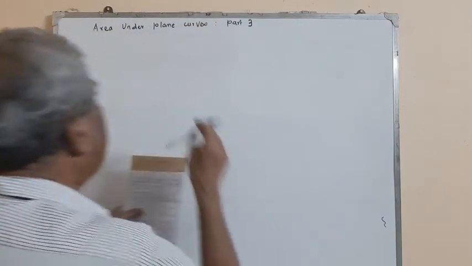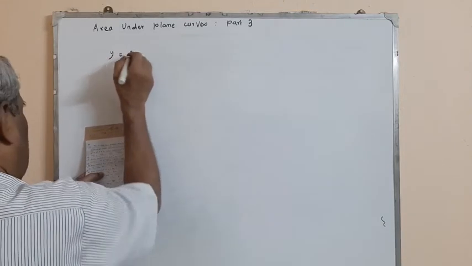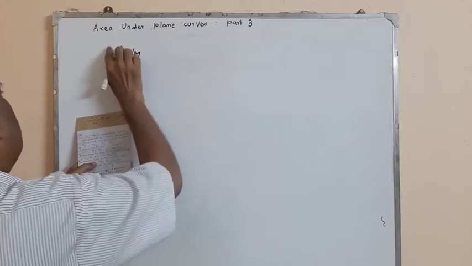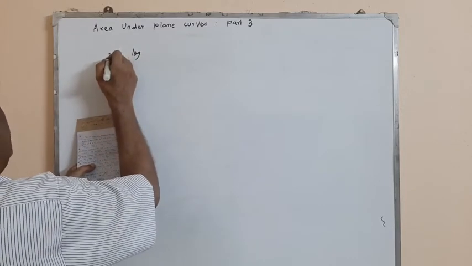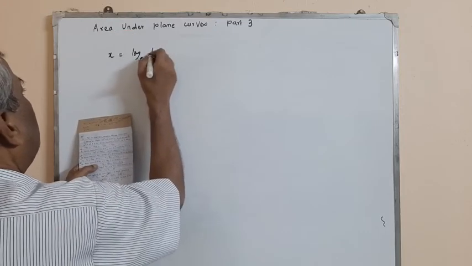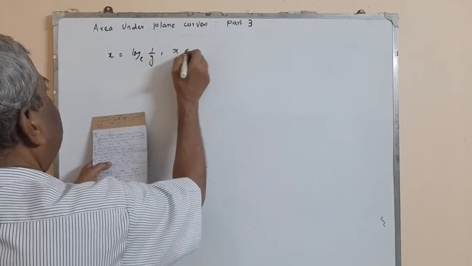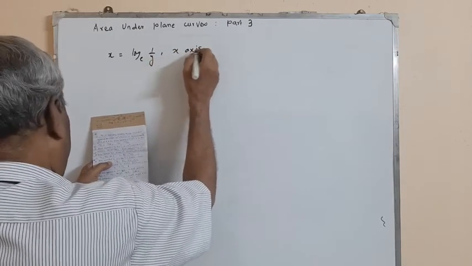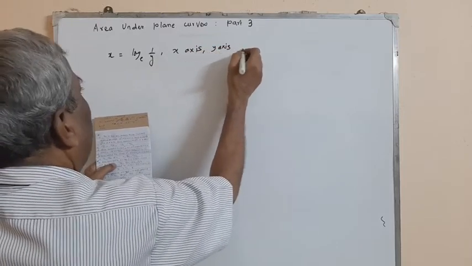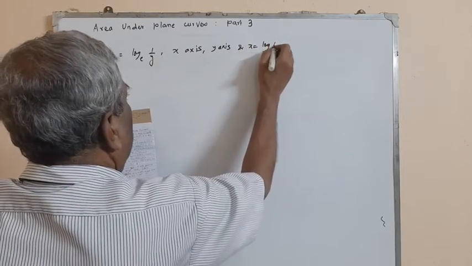Area bounded by y is equal to log, this is not y, x is equal to log base e 1 upon y, x-axis, y-axis, and x is equal to log 4.